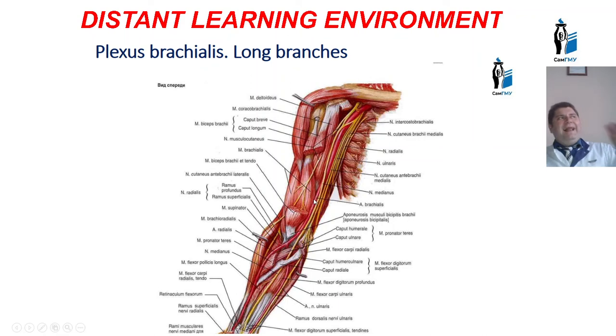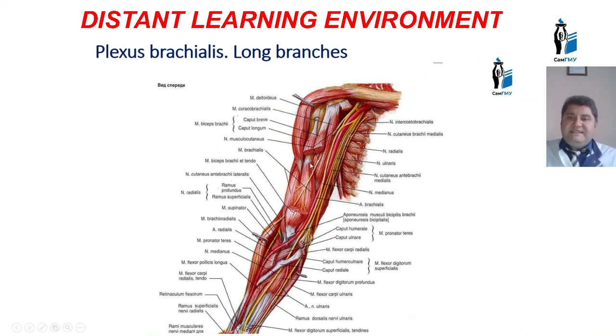So the ulnar nerve, the median nerve, and the medial antebrachial cutaneous nerve give no branches at the arm region. They give branches only at the forearm region.